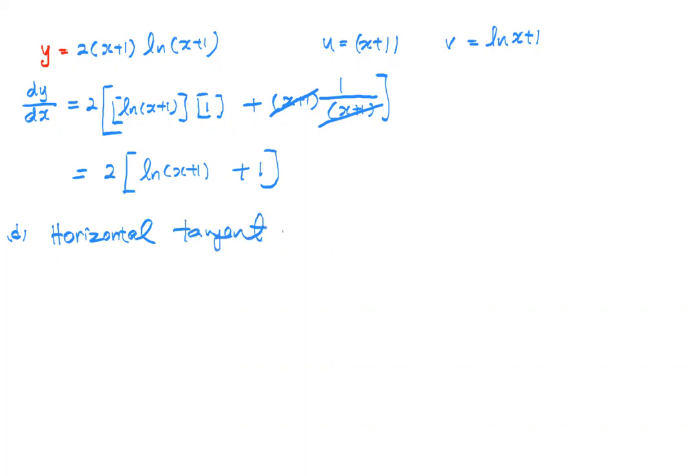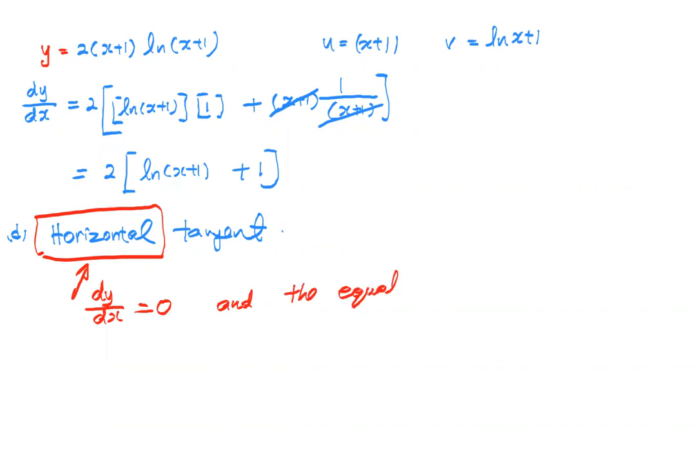When you see this word horizontal, straight away I know that dy/dx is equal to 0, and the equation of a horizontal tangent is y equal to a number. Am I right?